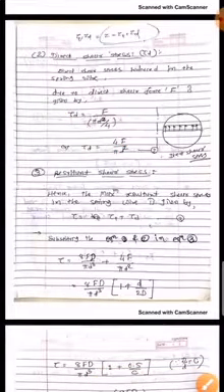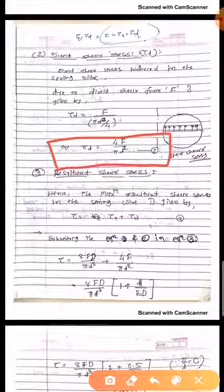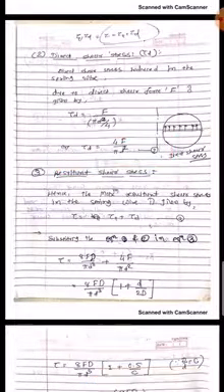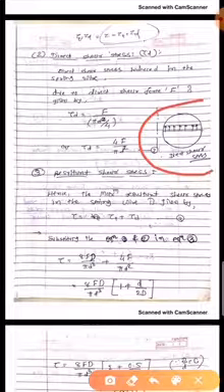So after calculating, tau d is equal to 4F by pi d square, and the figure for direct shear stress is like this.